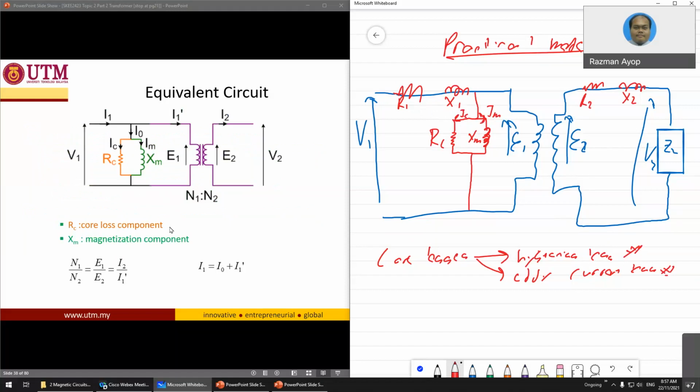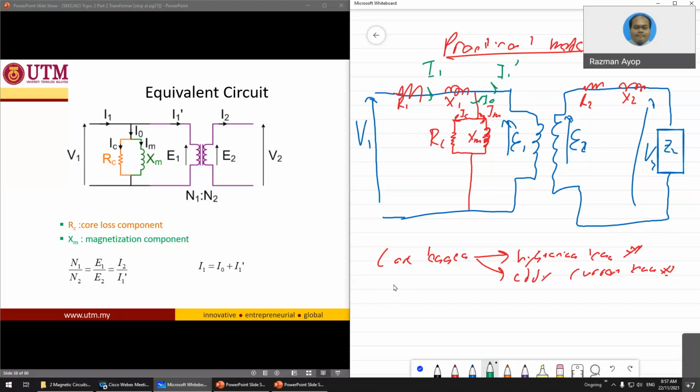So this is I1, this one is I0 and this one is I1 bar. Basically I1 does not fully go into the transformer. So you can see here the relationship changes.